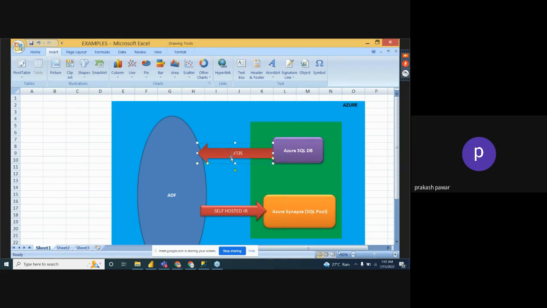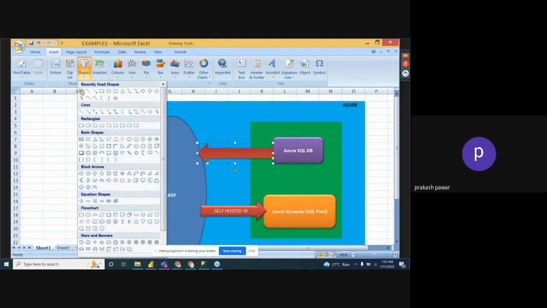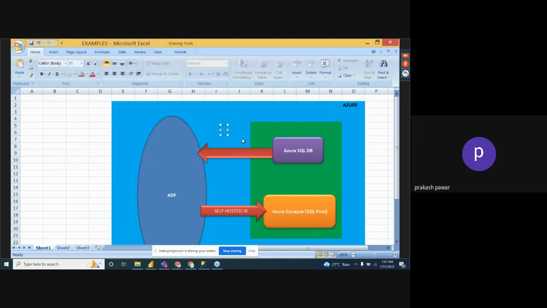I think it's not coming up. I'll just put this way. I'll simply click on the text box. Self-hosted IR. We call it IR, meaning integration runtime. Remember. Simple and straight.